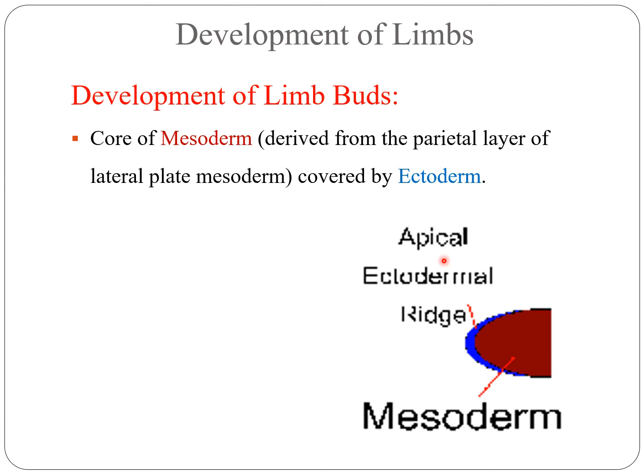This means that our limb buds are covered by ectoderm, and on the inner side of those buds we have mesoderm. This mesenchymal tissue is going to form the bones and connective tissue of the limbs along with the musculature.